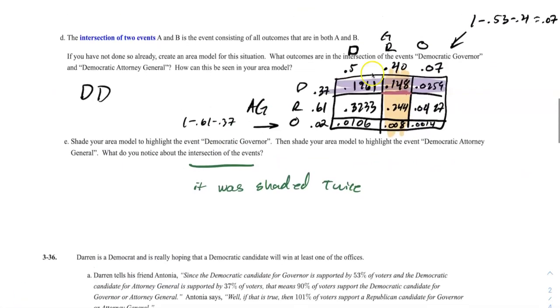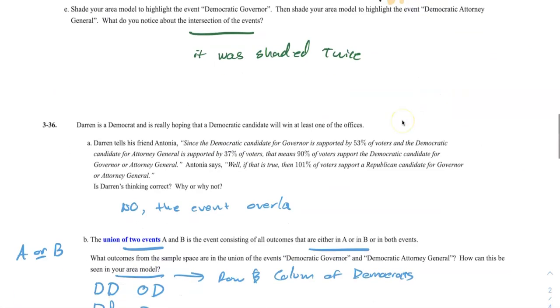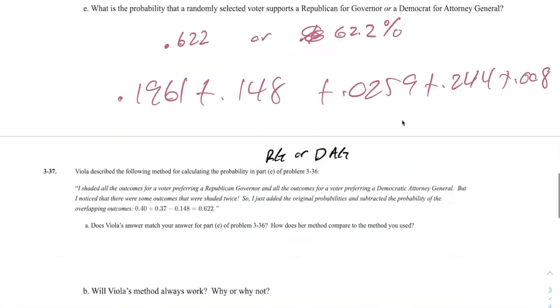So she did the same shading, like this and like this. But I noticed that there were some outcomes that were shaded twice. So I just added the original probabilities and subtracted probabilities from the overlapping outcomes. And she got 0.622. That's the exact same thing we got. Does Viola's answer match the answer from Part 2? Yes, it does.